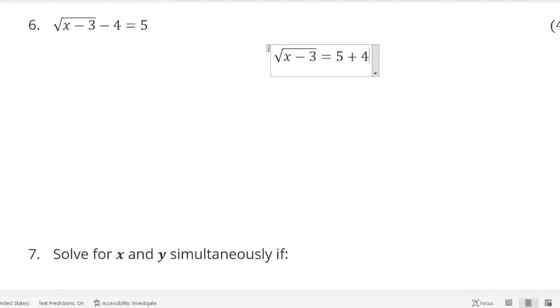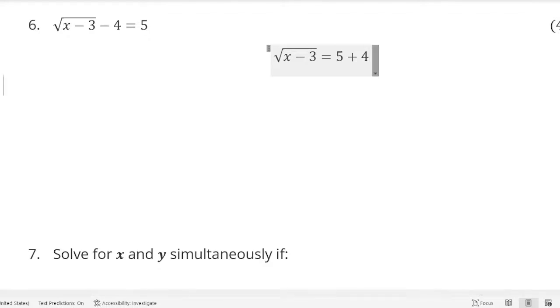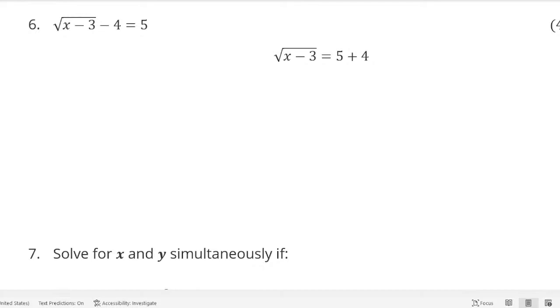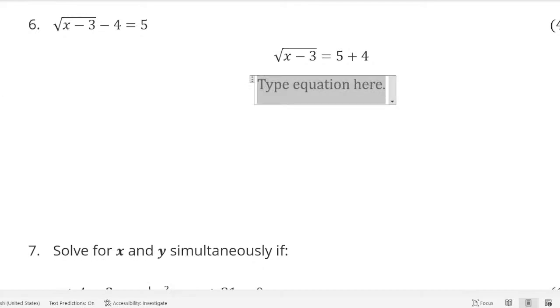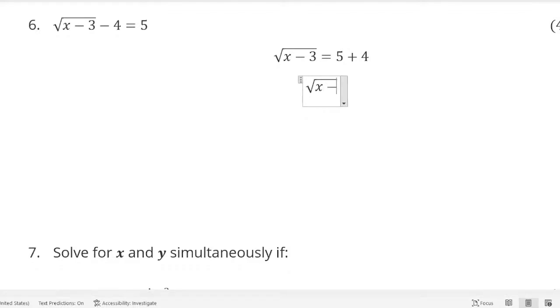When you're taking a term from one side to the other side, it changes the sign. It was a -4, now it has become a +4. So we'll write square root of x minus 3 is equal to 5 plus 4, that is 9.